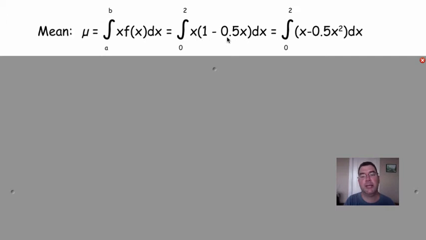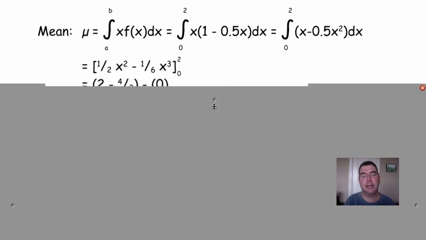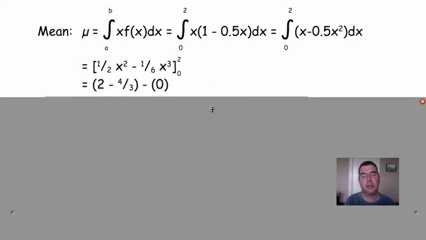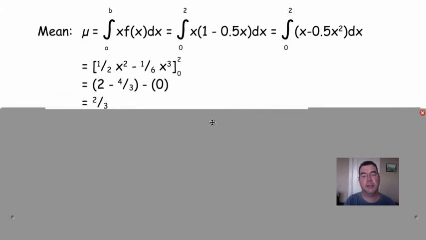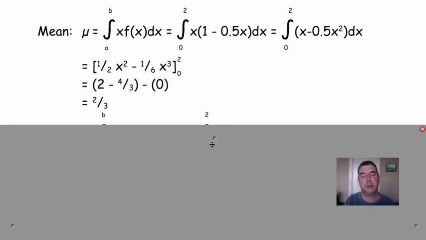I'm going to distribute the x so that I have x minus 0.5 x squared, and then if I integrate that, I get 1/2 x squared minus 1/6 x cubed, and I'm plugging in 0 and 2 because those are my starting and ending x's. Plugging in 2 first and then 0 and subtracting the results gives me 2 minus 4/3 after plugging in the 2, and 0 after plugging in 0, and that gets me a mean of 2/3.